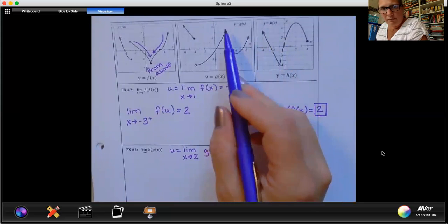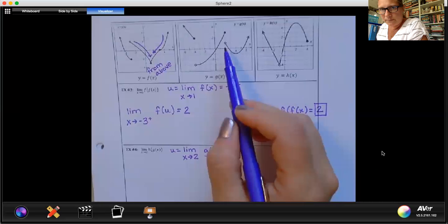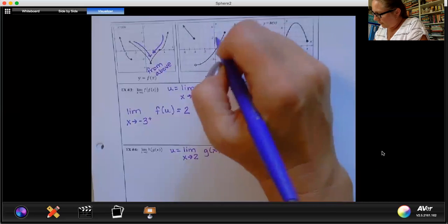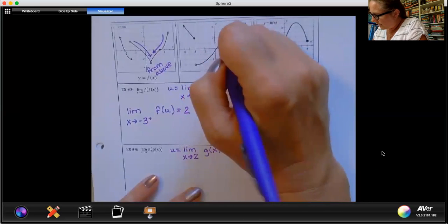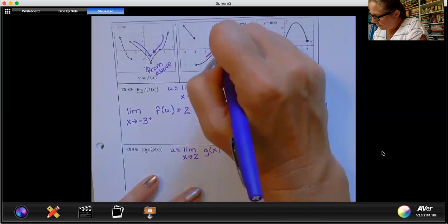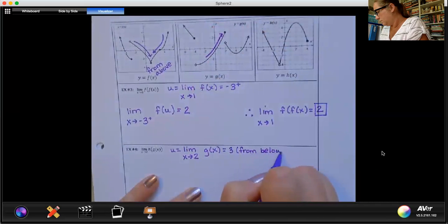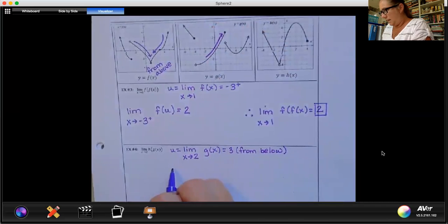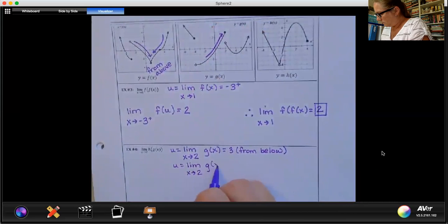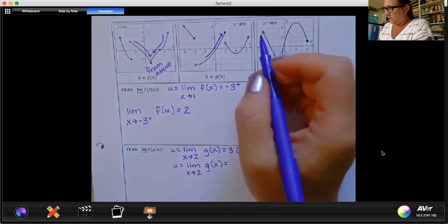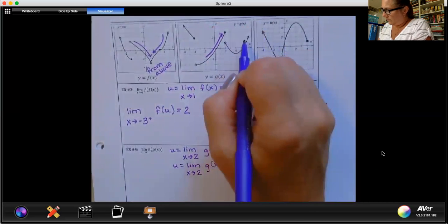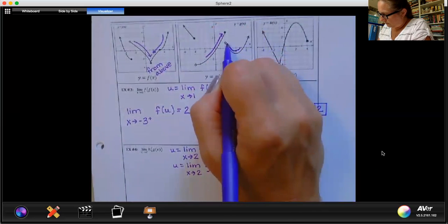So we have two different y values. So this would be approaching 3 from below, and also 1 from below.